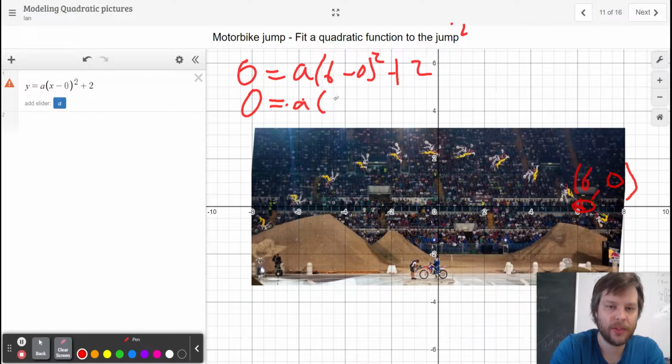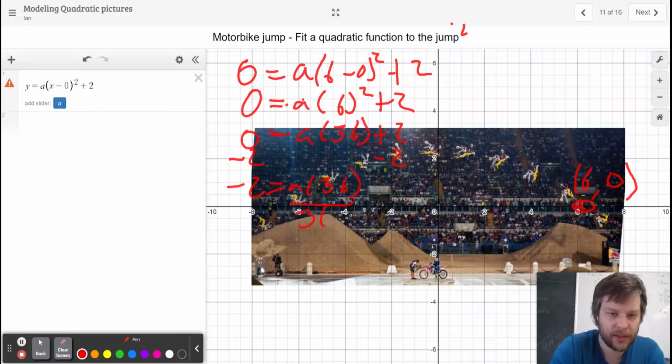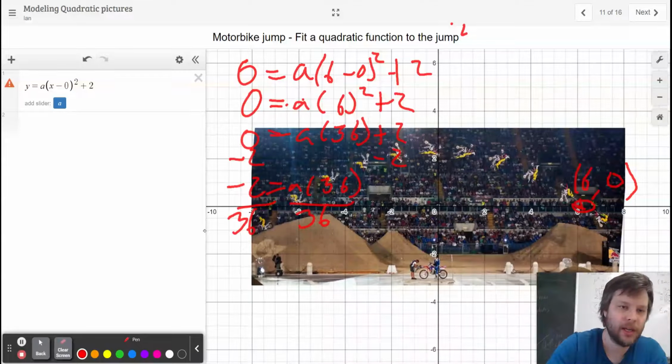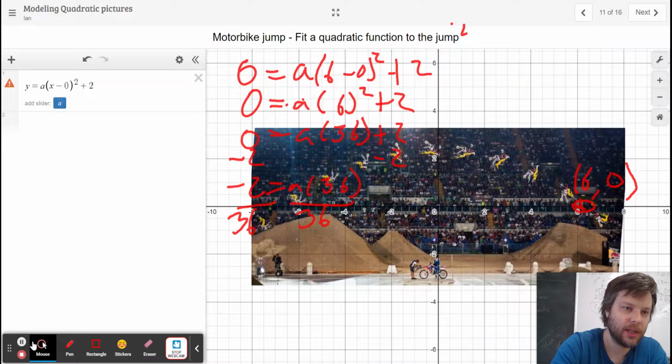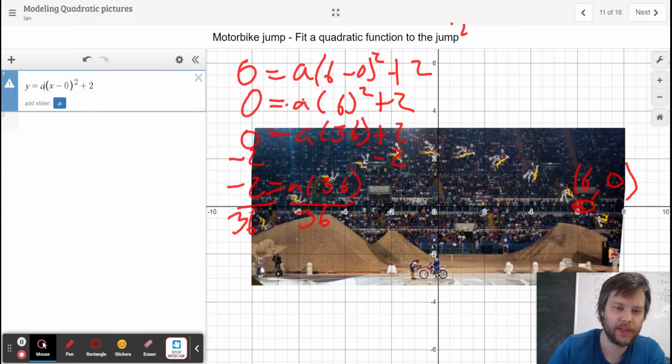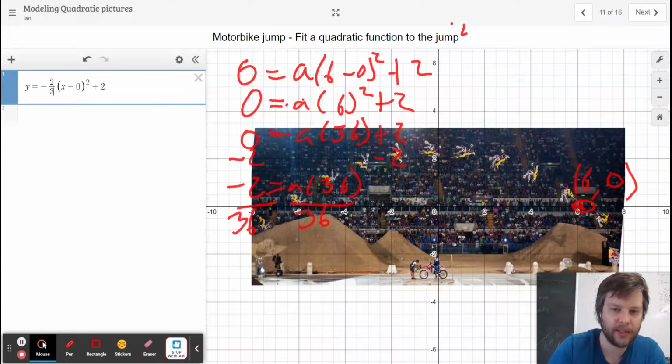So 0 equals a times 6 squared plus 2. 0 equals a times 36 plus 2. Take away 2. And then divide by 36, and we'll see what we get. So I'm going to try a equals negative 2 over 36, which you could reduce or you could write as a decimal.